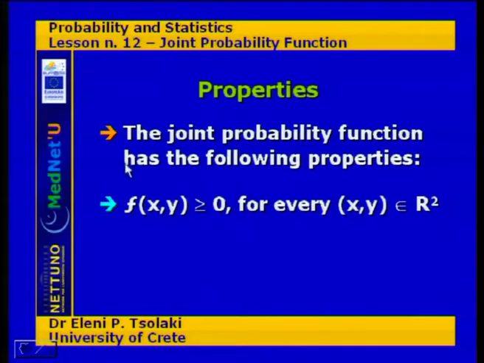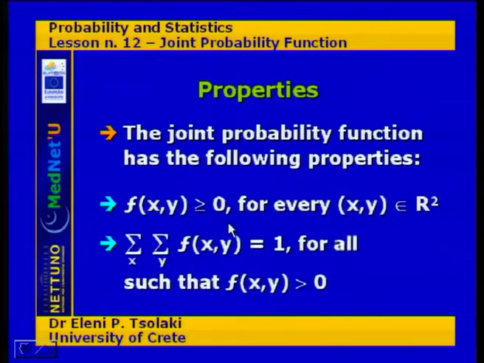It is a probability, so we expect it to be greater or equal to 0. And also the double summation, if we add up f(x, y), the joint probability function, for all values x and y, it should add up to 1.